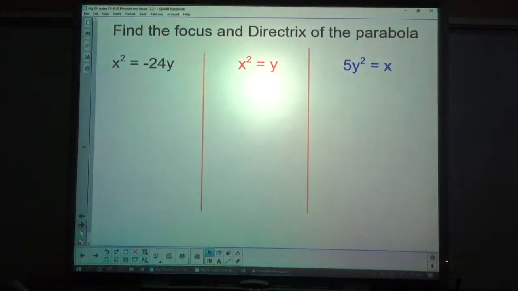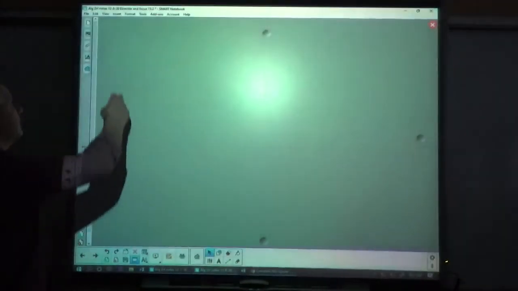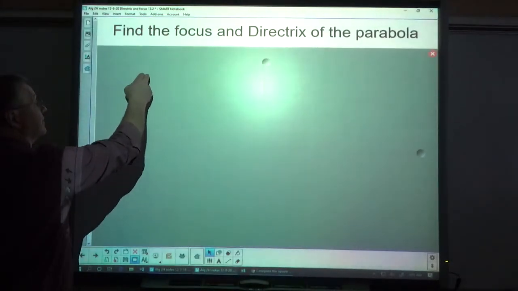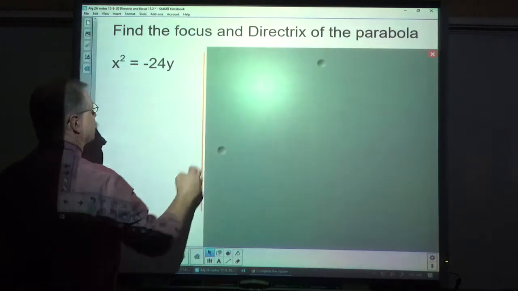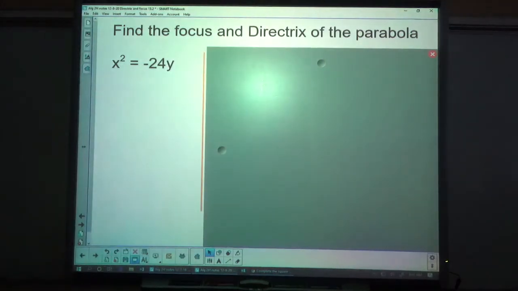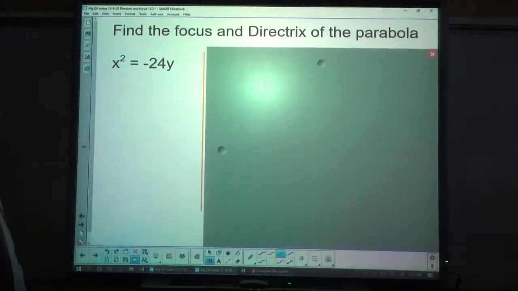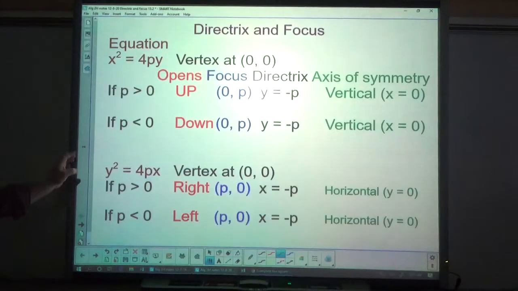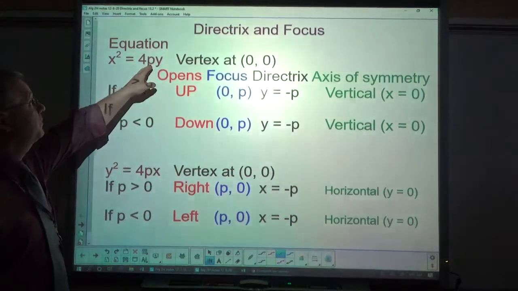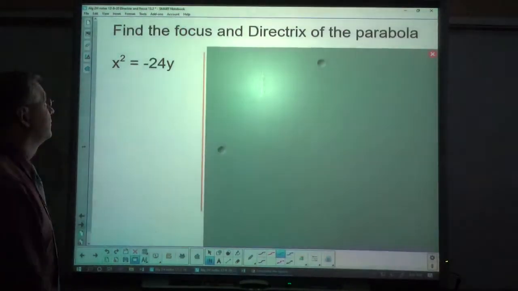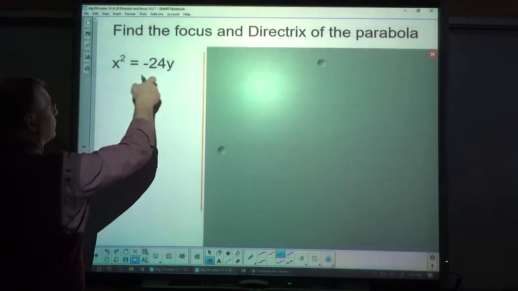So let's focus in on this, so we can just pay attention to this one. We're asked to find the focus and directrix of the parabola. Well, to start here, we have the equation x squared equals 4py. Now, if we go back a little, x squared equals 4py, x squared equals negative 24y.